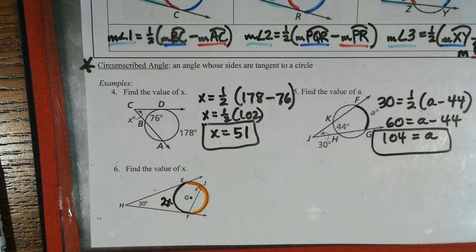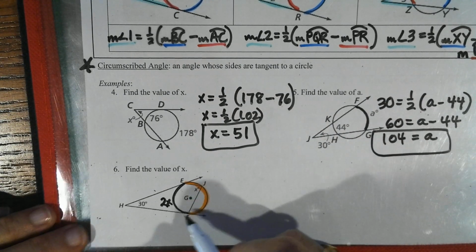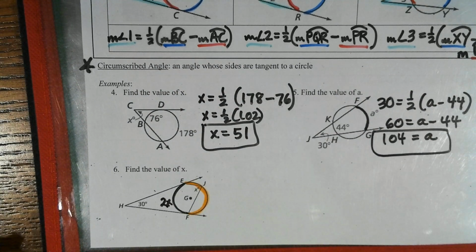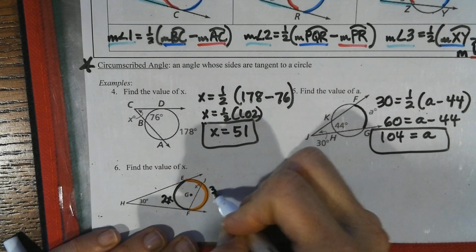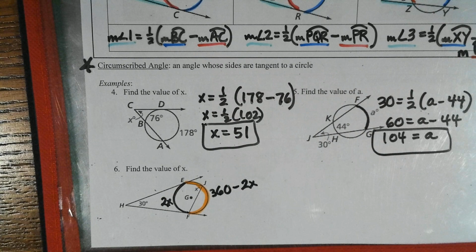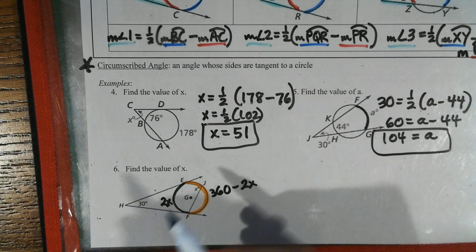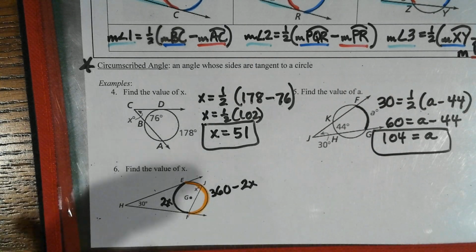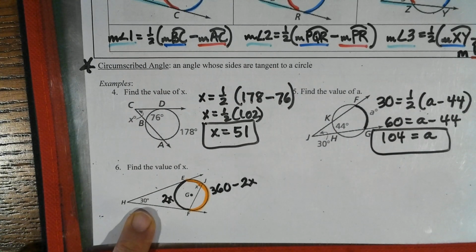However, what I do know is that this one here has to add up to 360. So total, the orange one is 360 minus 2x. If that angle is x, this is twice as much, and this is all the rest of the circle. So now I can write an equation with this 30 and x's.